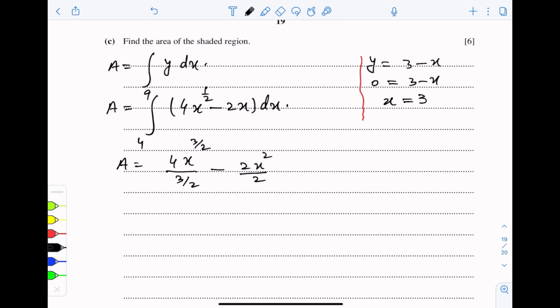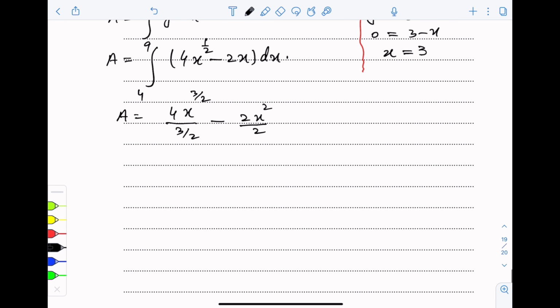First इसको हम सिंप्लीफाई करते हैं. This becomes 8 over 3 x power 3 over 2 माइनस एक्स स्क्वायर. ये 2 2 से कैंसिल हो जाता है.